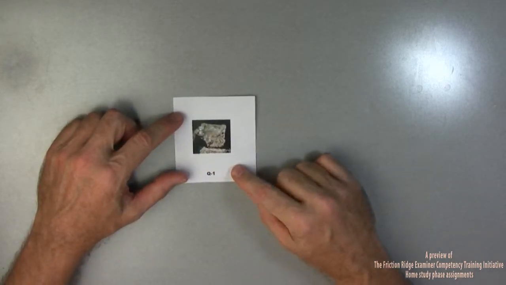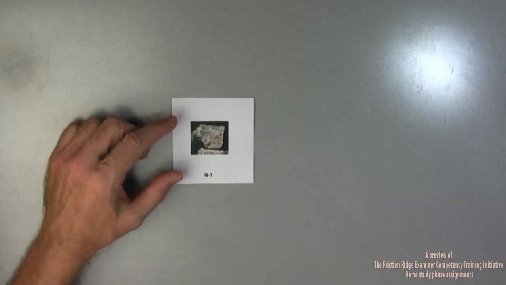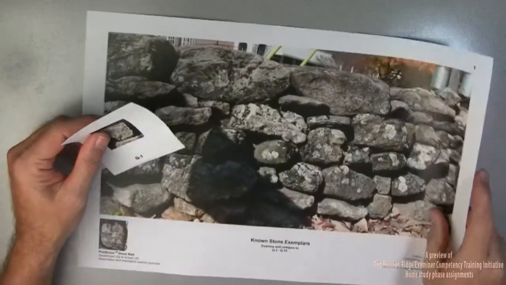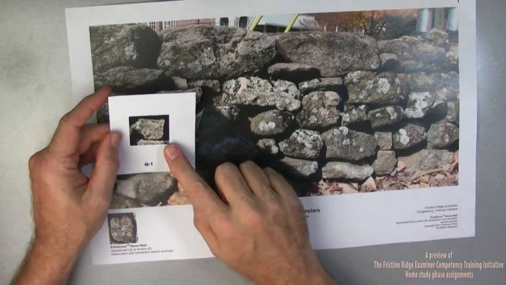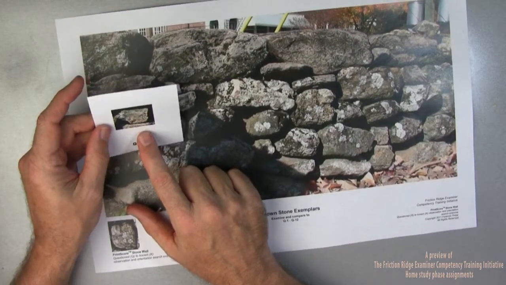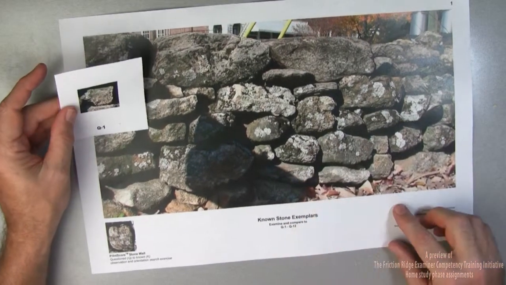So this is the Q1, which is questioned number 1, and you are to find that in the Stonewall. This will be conducted by doing a comparison of what features you see in Q1 and try to find it on the Stonewall.